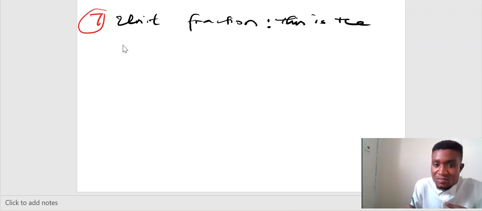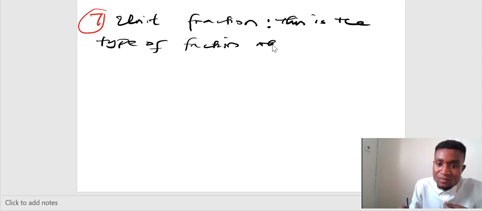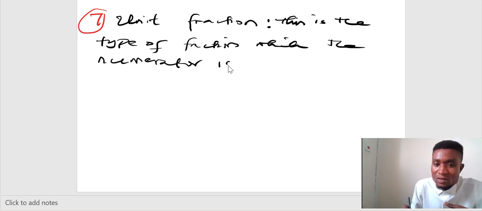This is the type of fraction in which the numerator is 1. The numerator is 1.